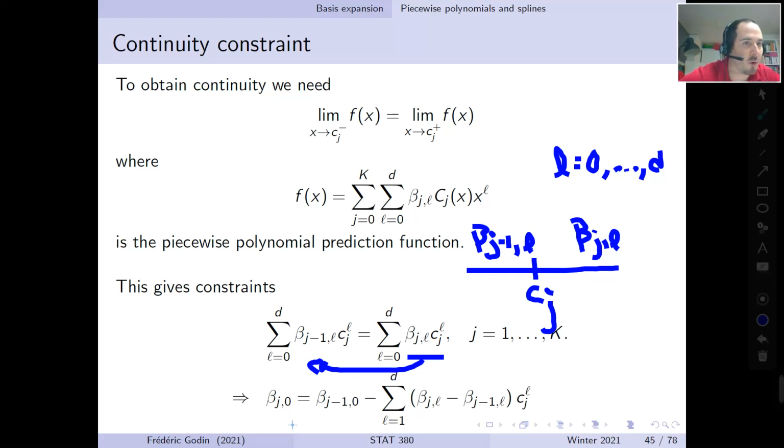Okay, so the coefficients associated with the zero order monomial for each subinterval. Okay, and this is for each j. So once you fix beta 0, 0, then this entails fixing beta 1, 0, beta 2, 0, beta 3, 0 until beta capital K 0.